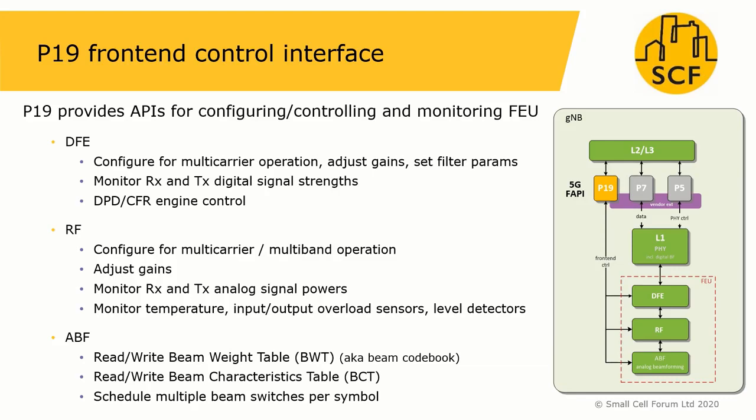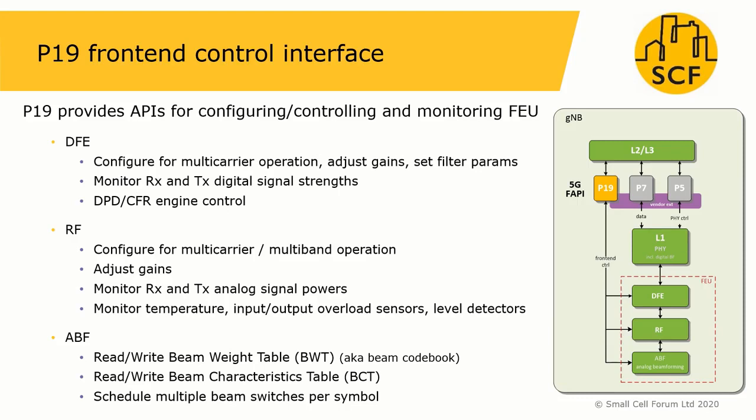APIs for the analog beamforming block include functions to copy beam weight tables between the stack and the analog beamforming block. The beamforming table, also known as the codebook, is a repository that stores the complex weights required to form beams in different directions. In addition to the beam weight table functions, P19 also provides hooks to manage the beam characteristics table.